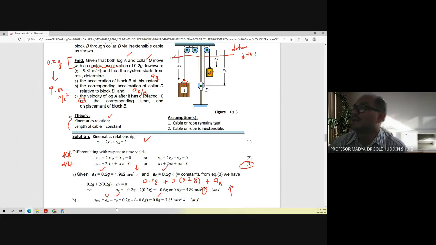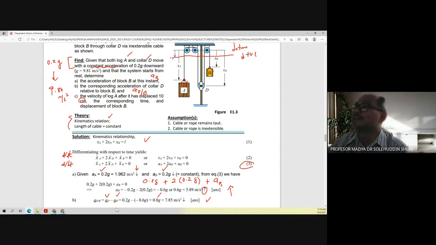So you get 7.85 meter per second square, which is 0.8 times 9.81, that is 7.848. This is in terms of the relative acceleration of D to B.